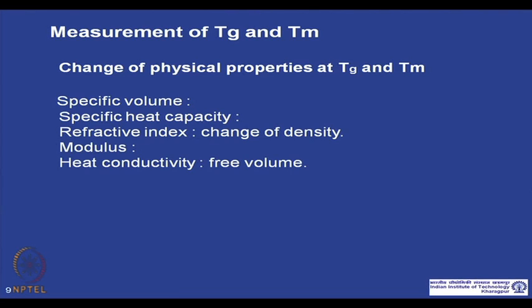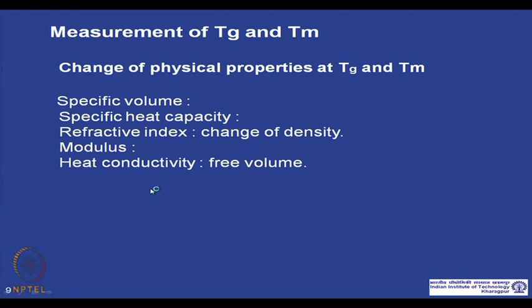Some of the physical properties change their value during glass transition and melting. So, if you can follow any of these properties with temperature, we can find out the glass transition temperature and melting point.